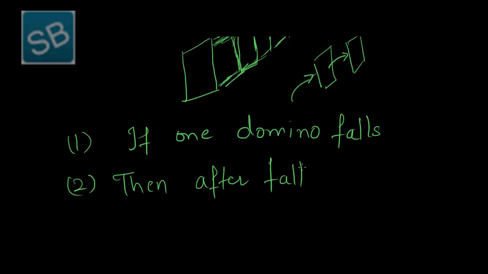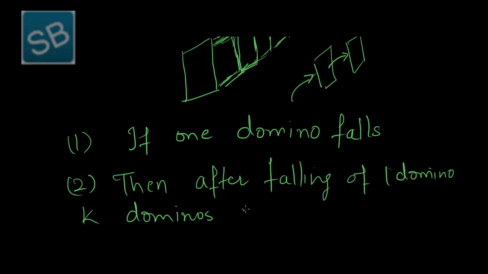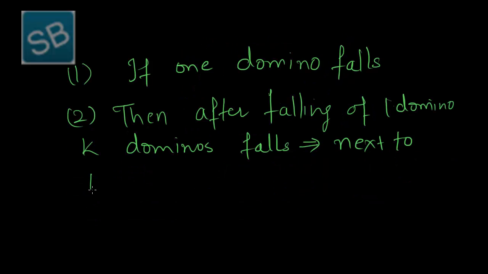Then after the falling of one domino, k dominoes fall. That implies the next one after the k dominoes also falls.